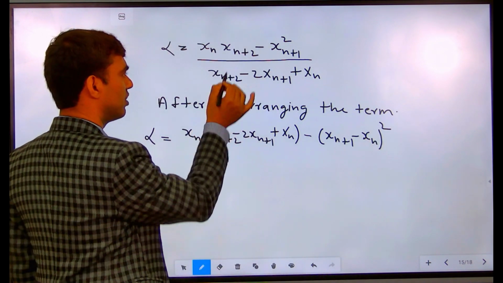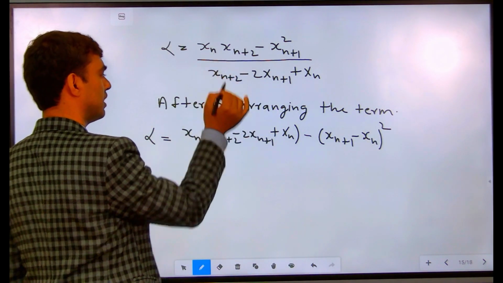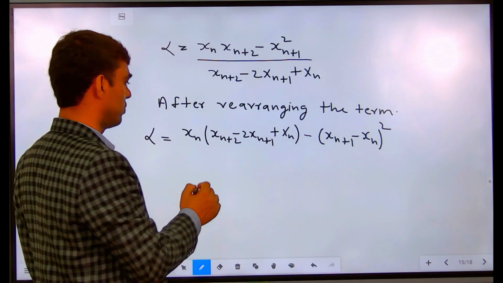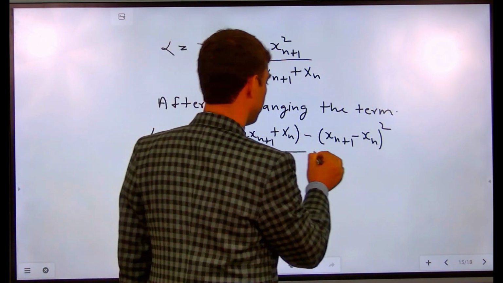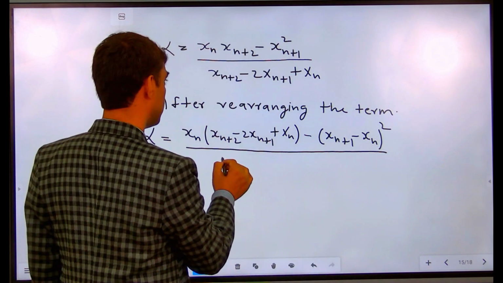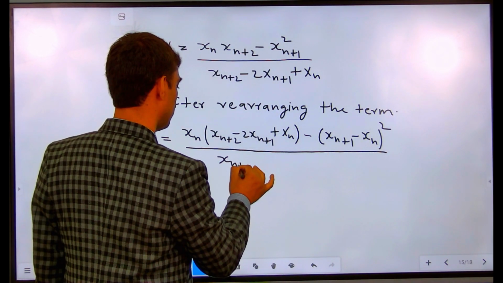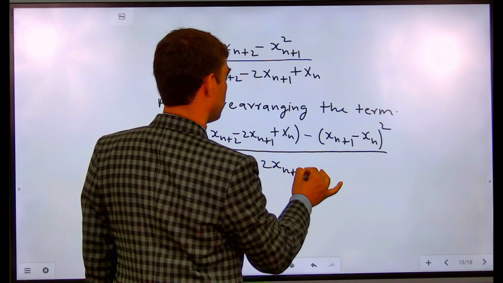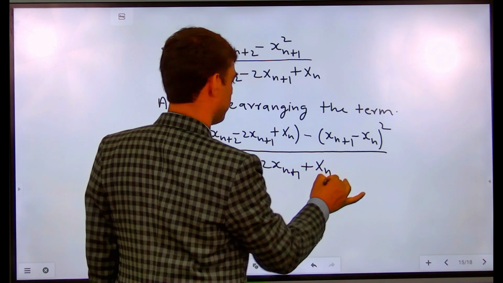If we rearrange the numerator, this becomes xn plus 2 minus xn plus 1 whole square divided by the denominator xn plus 2 minus 2 xn plus 1 plus xn.